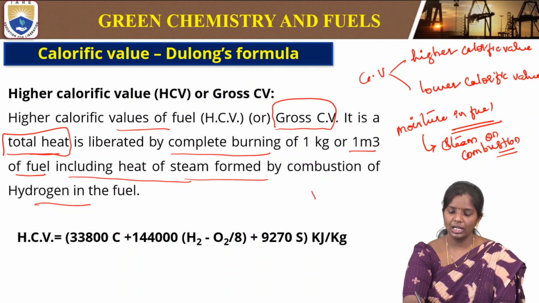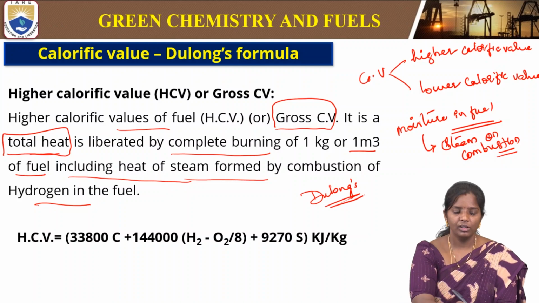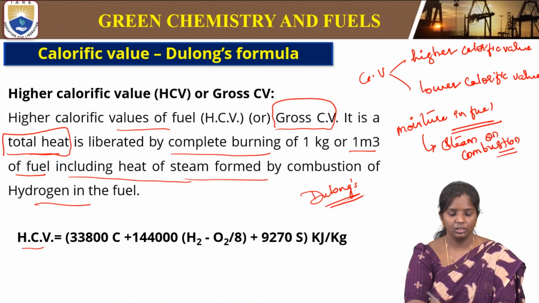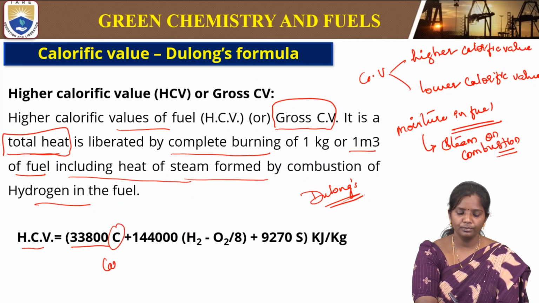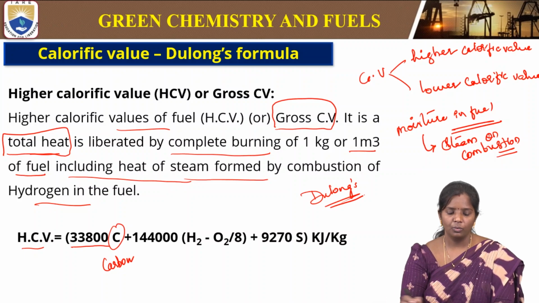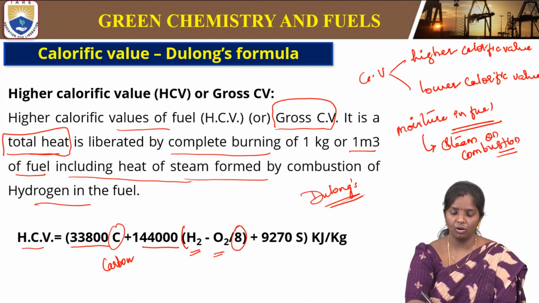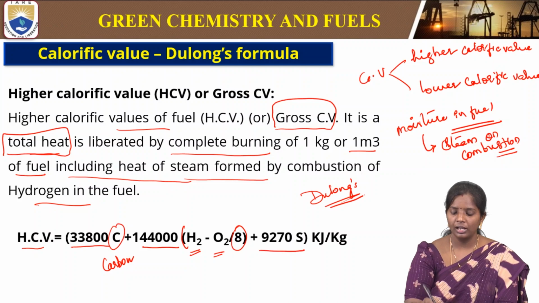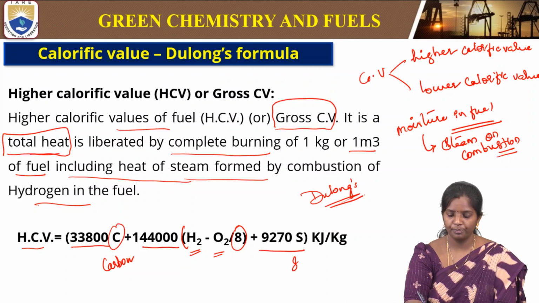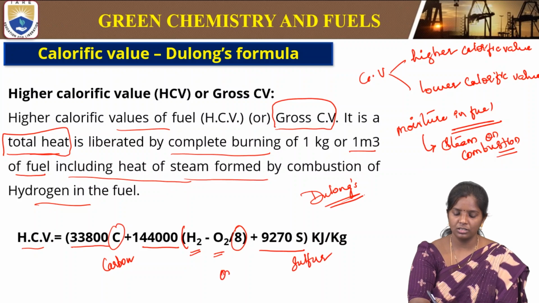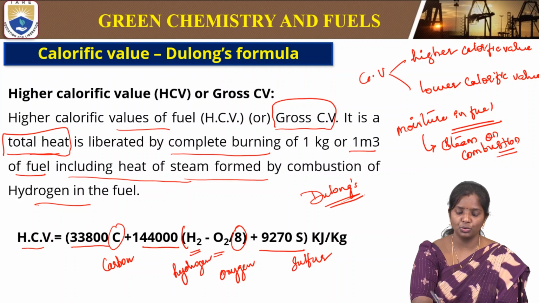A scientist called Dulong proposed a formula: HCV, or the higher calorific value, is equal to 33,800 C plus 1,44,000 taken in brackets (H minus O by 8), where 8 is for the atomic weight of oxygen, plus 9270 S. Here carbon, hydrogen, oxygen and sulfur are the main constituents that contribute to the heat.